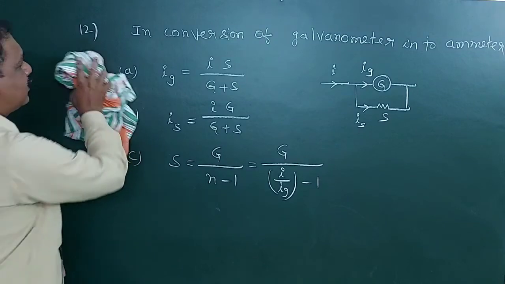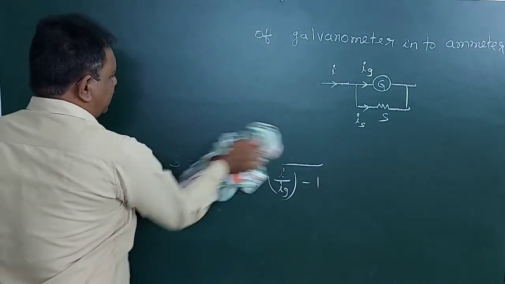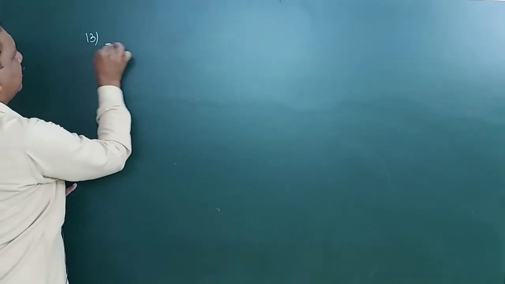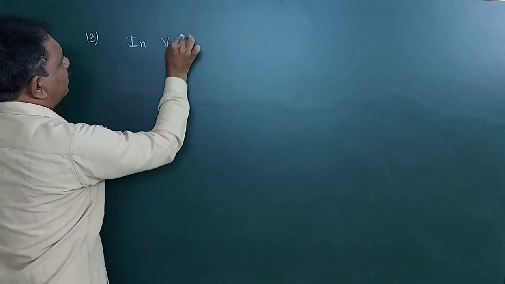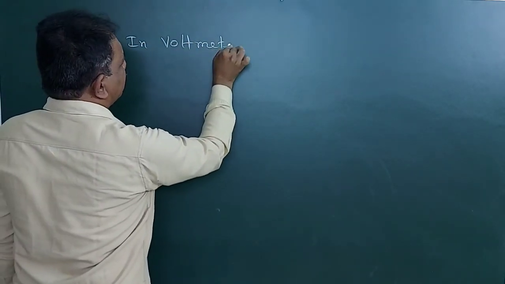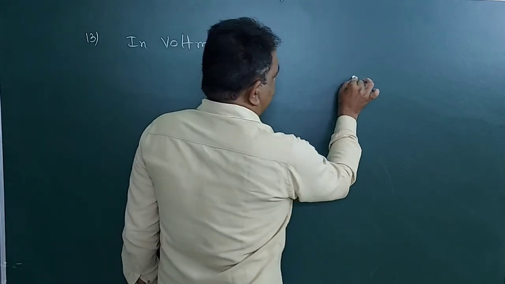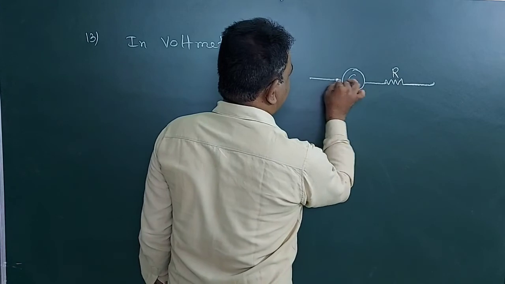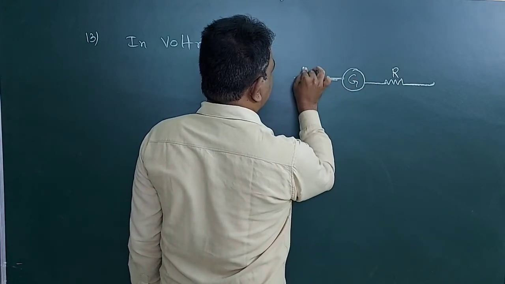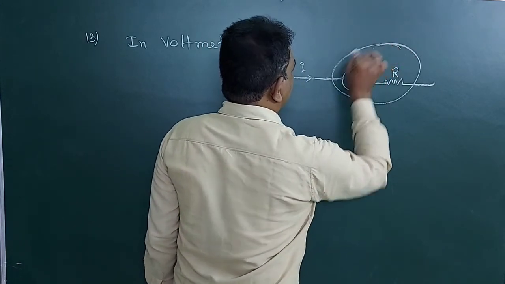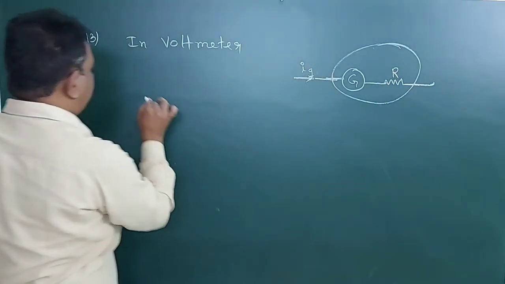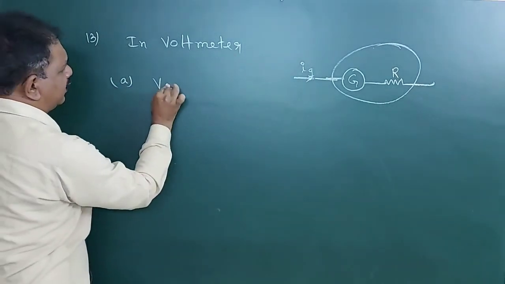Next, conversion of galvanometer into voltmeter. This is the galvanometer. If you connect a high resistance in series to the galvanometer, it will convert into a voltmeter. So what is the formula we are using here?